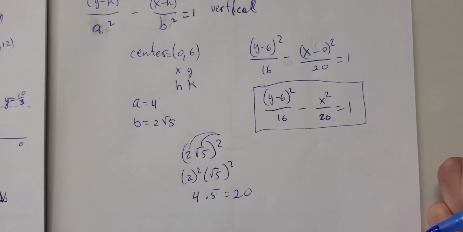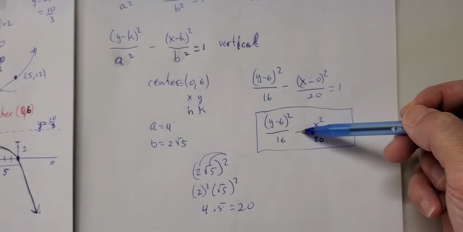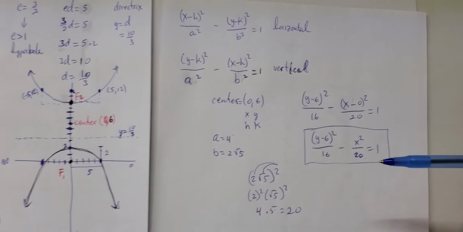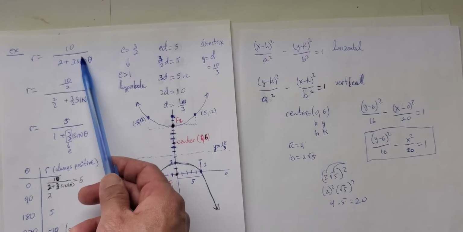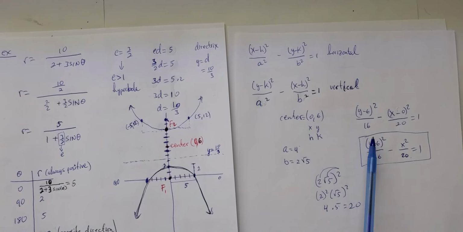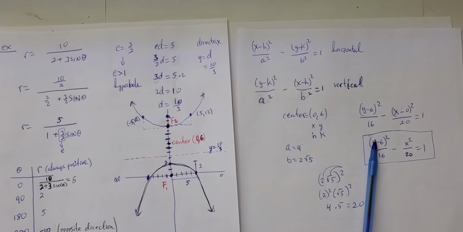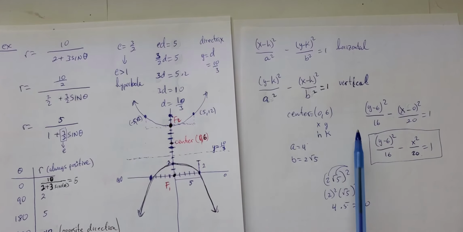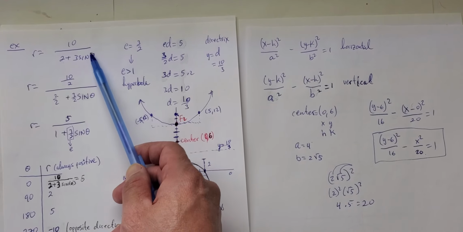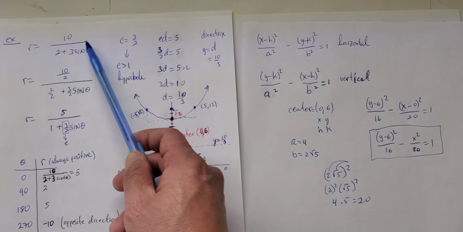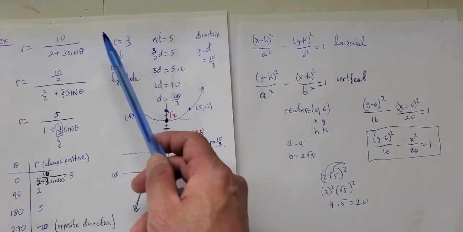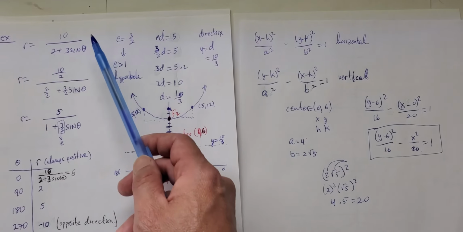Okay, so this is the equation in rectangular form. This is the equation for polar form. This equation and this equation are the same graph. It's just written in different forms. One more time: polar equation, rectangular equation. It is the same graph, just a different way of writing the equation.